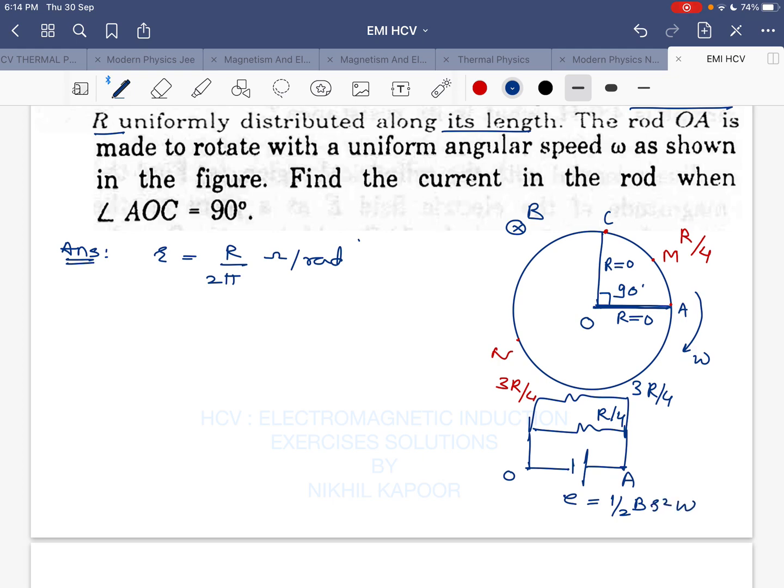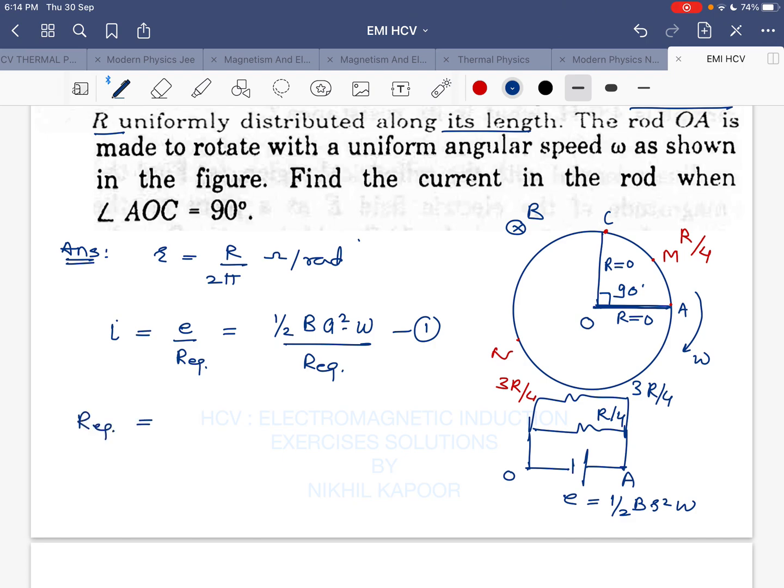So we know how much current will flow. The total current that will flow through the cell will be EMF upon equivalent resistance, as EMF is known to us: half B into radius square into omega upon the equivalent resistance. So first of all, I will find the equivalent resistance.